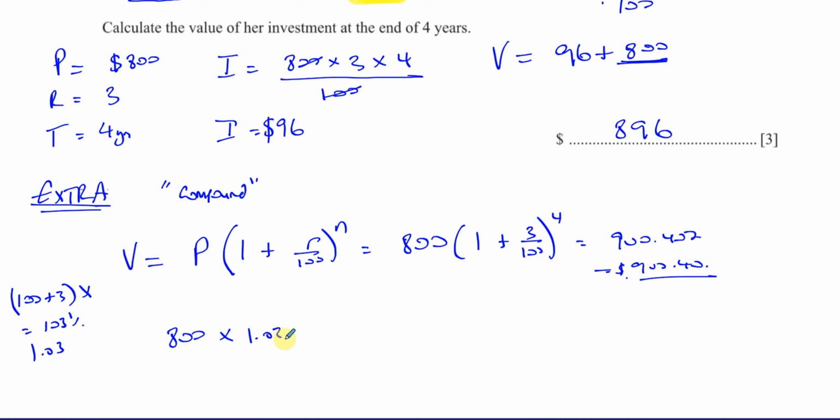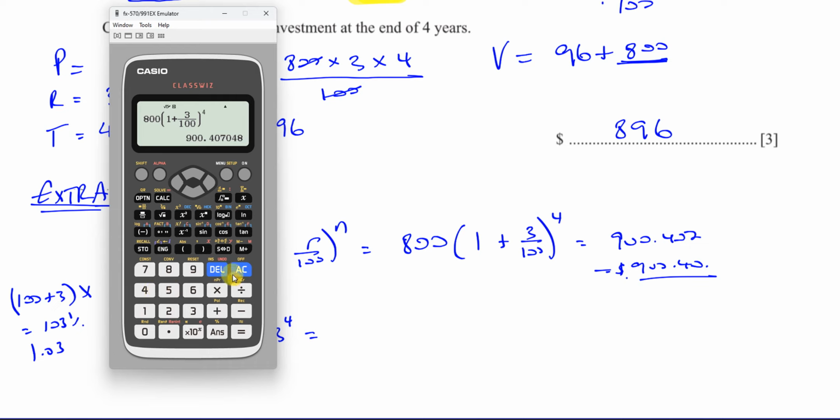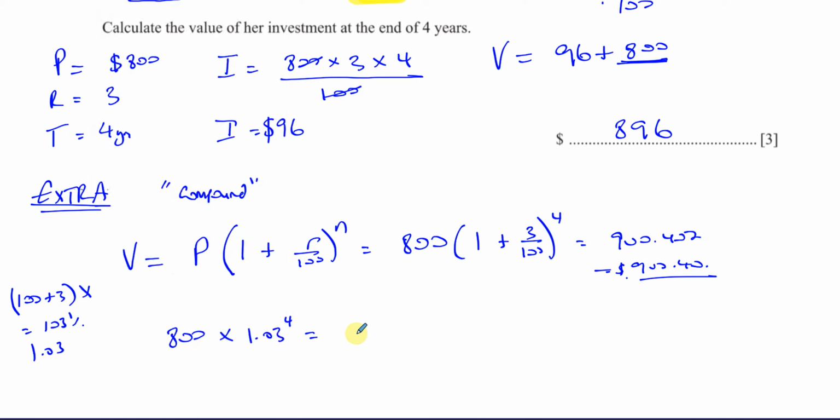So you put times 1.03 to the power of the number of years that it's going to increase, which is 4, and that will give you the answer. So that gives us the same thing as this, basically. So you have 800 times 1.03 raised to the power of 4, and that gives you the same exact answer, 900.40.